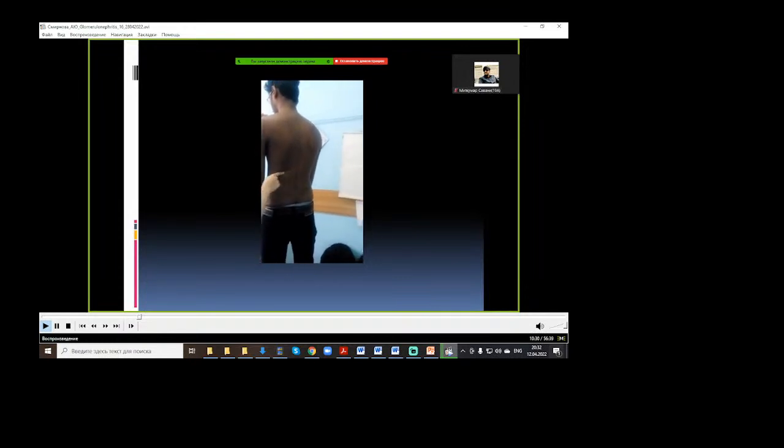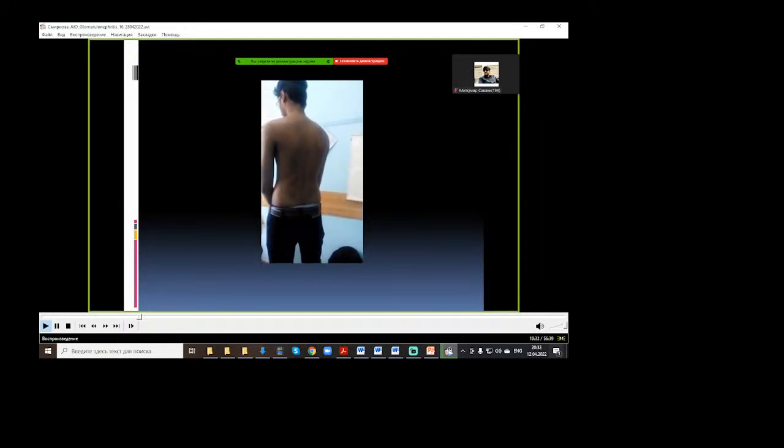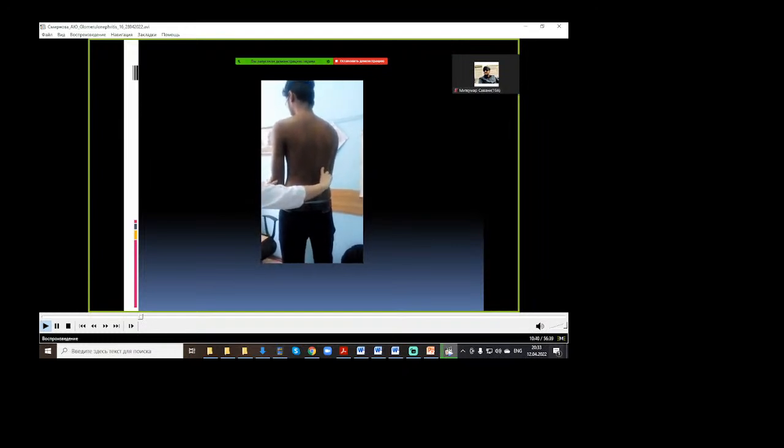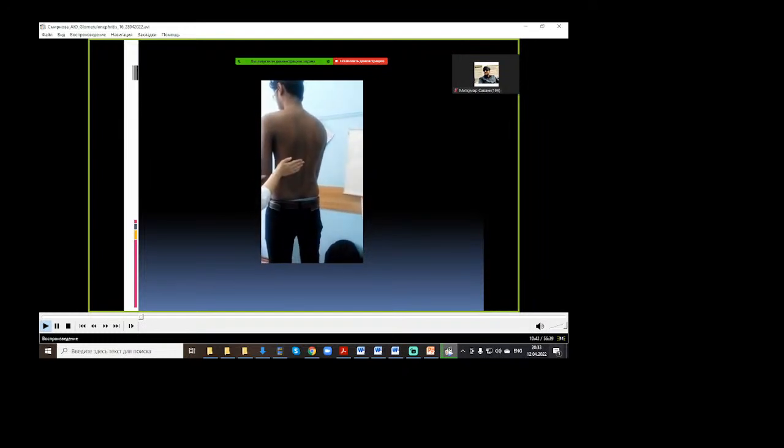The 12th rib divides the left kidney into 2 equal parts, and the right kidney is 3 centimeters lower. So it means that the lumbar region is here, not here like you showed me. So we inspect the lumbar region.